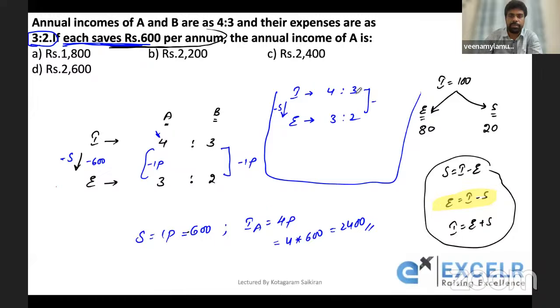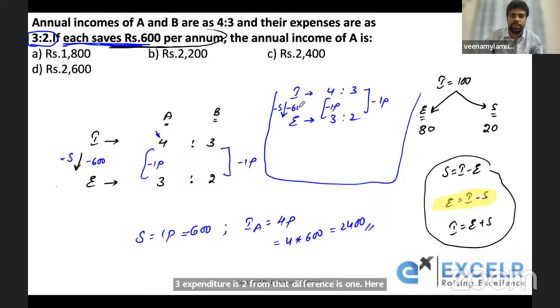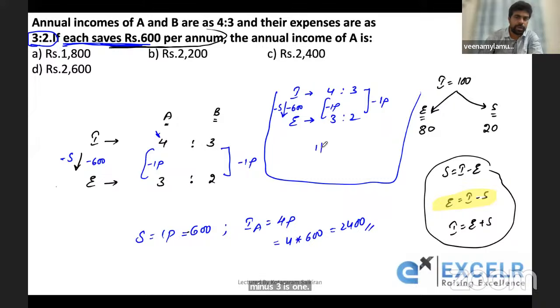So from income 3, expenditure is 2, and the difference is 1. Here also it is minus 1. He gave in the question that savings are 600, so for both, 600 is the savings. So one part, 4 minus 3, is 1. Okay. So one part is equal to 600. That's it.